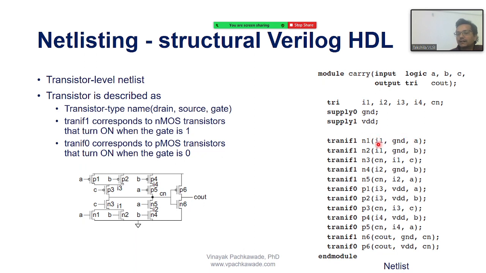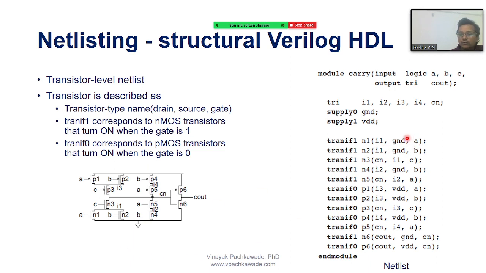I am telling to which node in the circuit these drain, source and gate are connected. So my transistor is NMOS, the name is N1, and the drain, source and gate are connected to the node I1, ground and A.